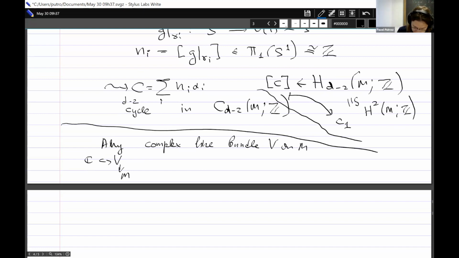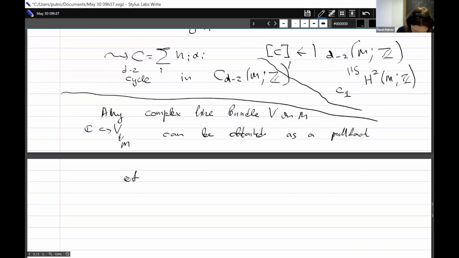So the statement is that any complex line bundle can be obtained as a pullback of some universal line bundle over CP infinity.